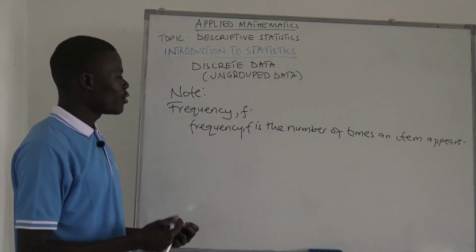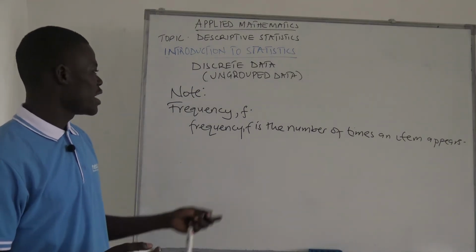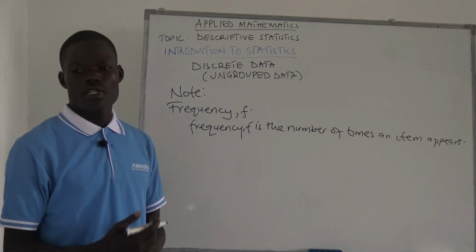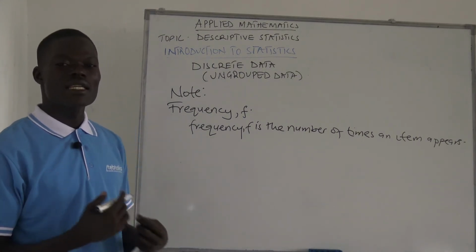If you have a value occurring more than once, then you need to use a frequency table to make it easy.